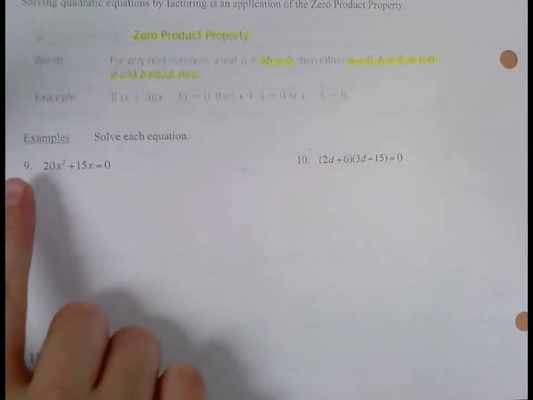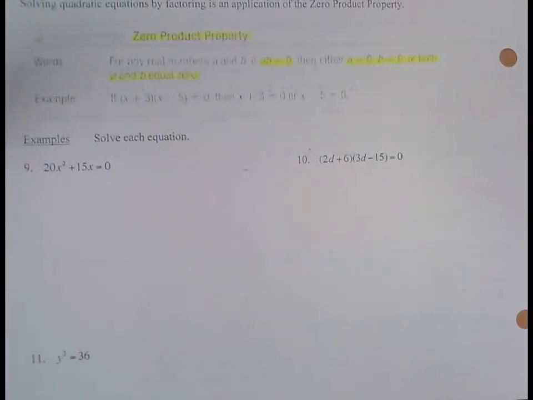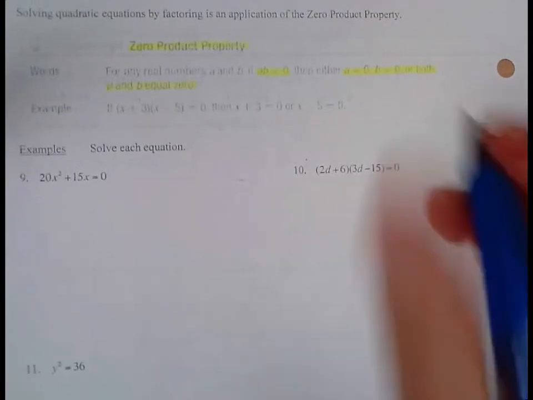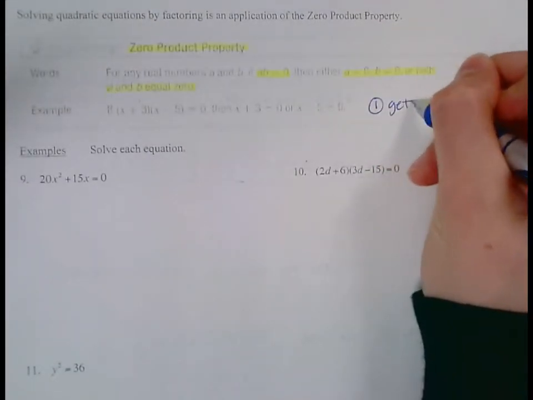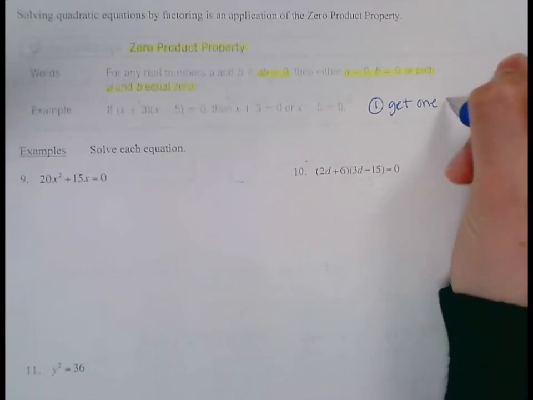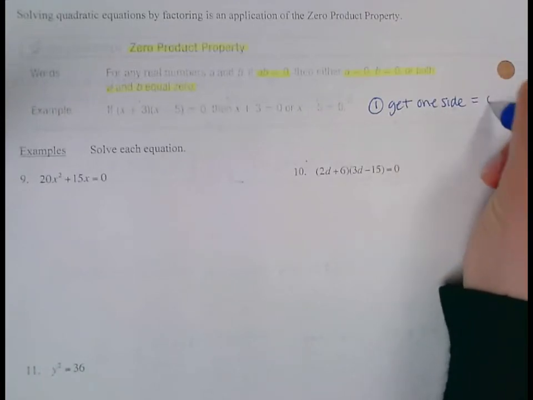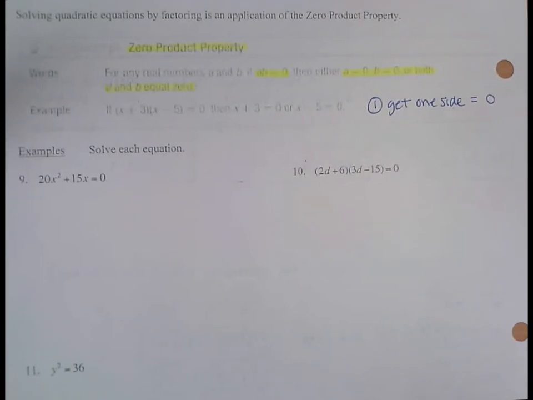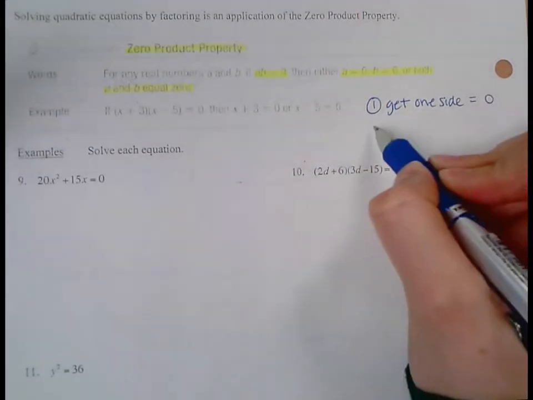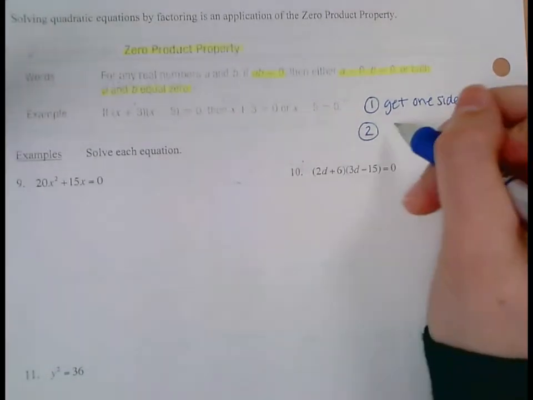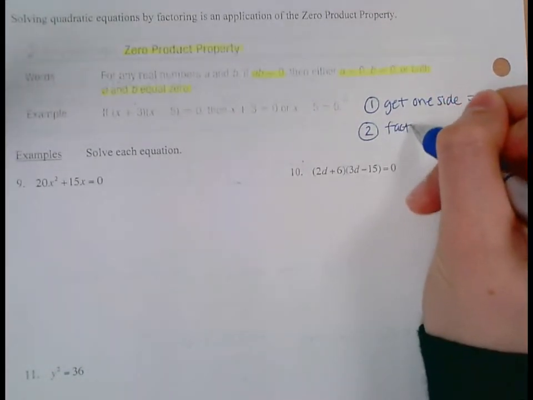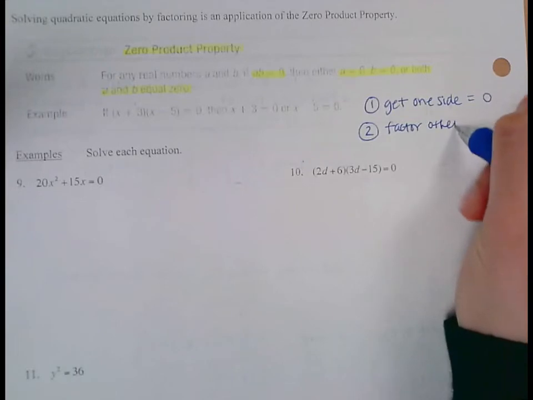So if we look at 9, 10, and 11, there's really 3 steps you want to follow when you solve by factoring. Your first step, if it isn't already done for you, is to get one side equal to 0. After you do that, or if it's already done for you, then you want to factor the other side.